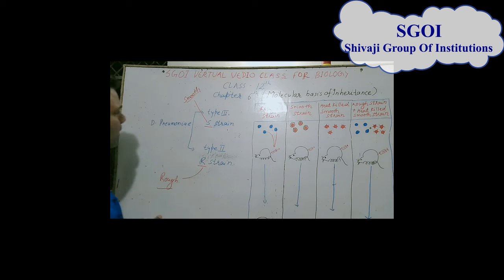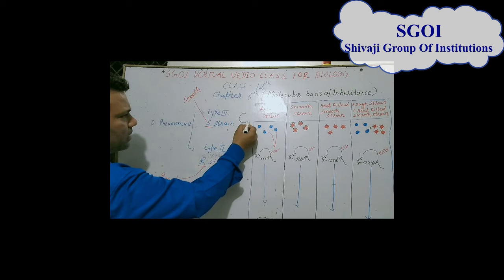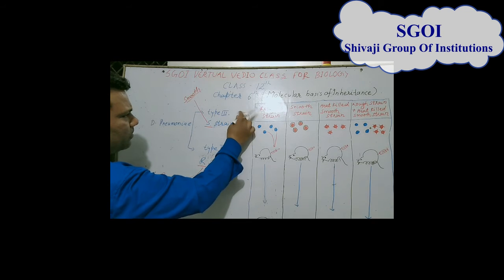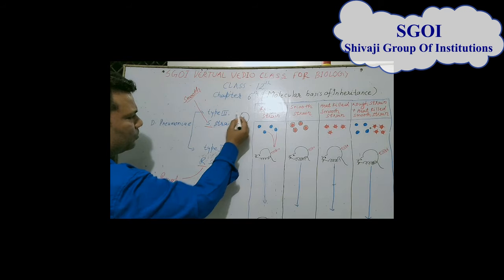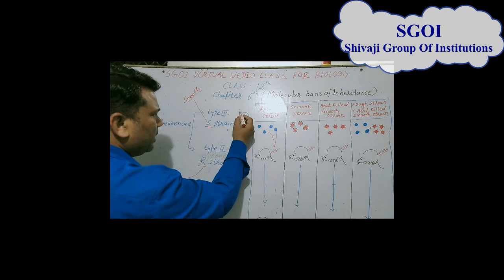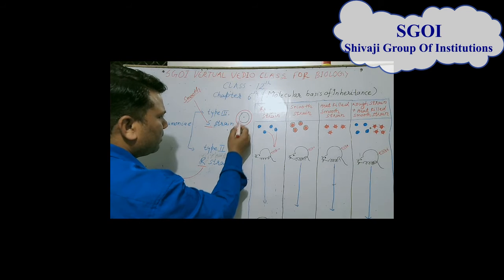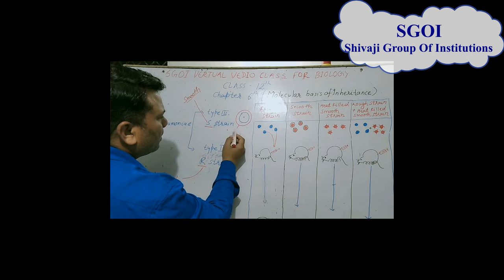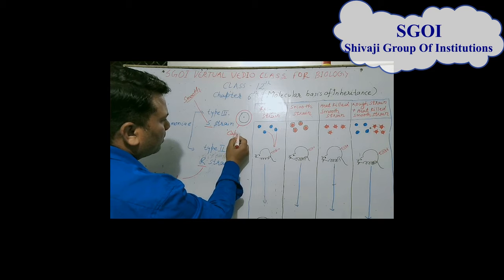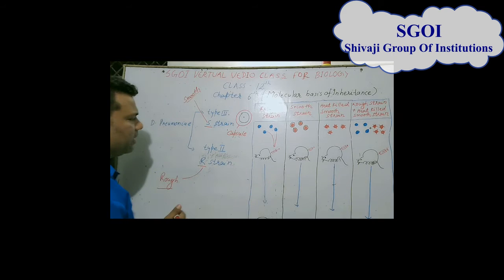In a smooth strain, this is a cell of Diplococcus pneumoniae. It is called smooth strain because it has a covering around it, and this cover of the bacteria is called capsule. It means that it is a capsulated bacteria.